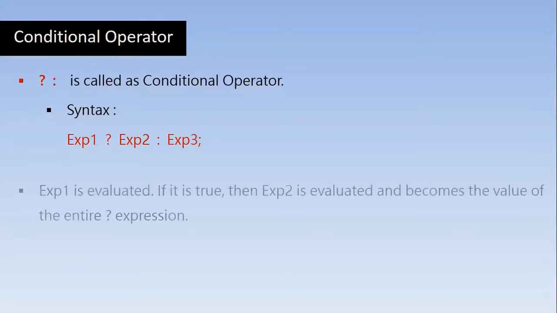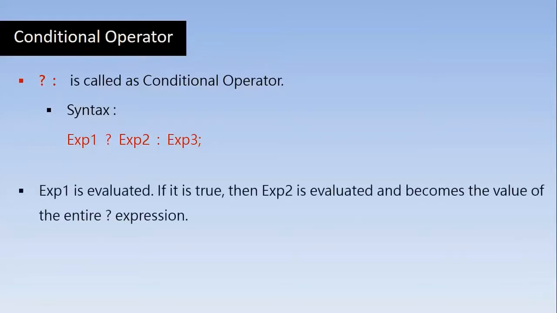The question mark and a colon, a pair of these two symbols, is called the conditional operator. So the syntax is like this. First we put expression 1, which is normally a logical condition, followed by the question mark, then expression 2, colon, expression 3, and end this statement with a semicolon.